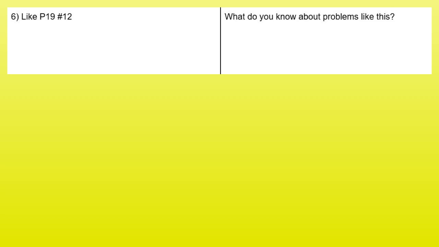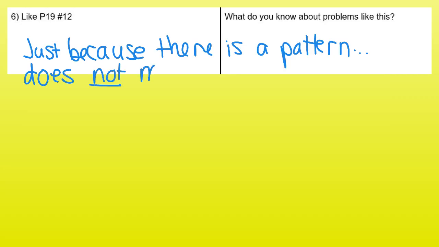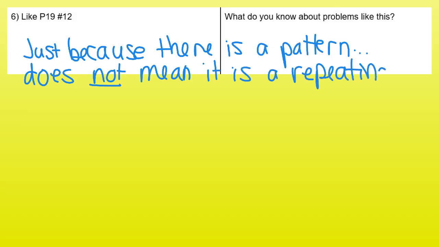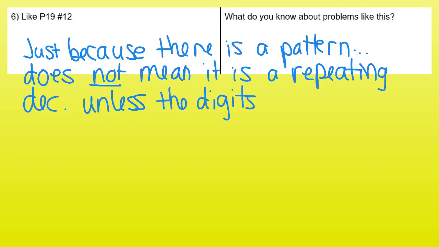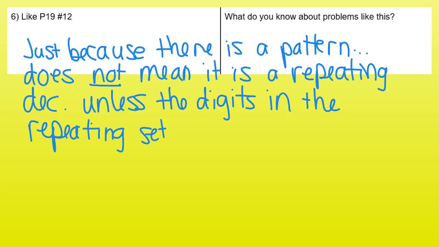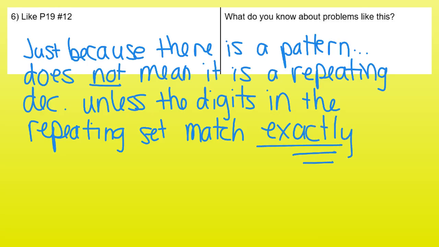Just because there is a pattern does not mean it is a repeating decimal, unless the digits in the repeating set match exactly each time.